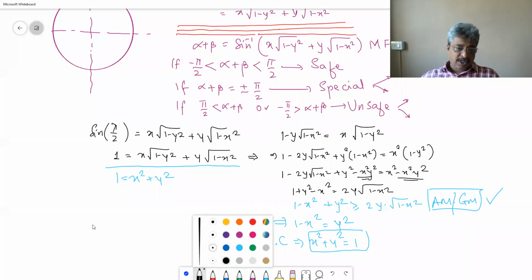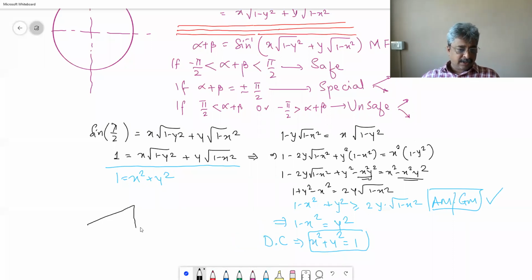I have one angle like this, which is alpha. This is x. This is 1. Sin alpha is x, and therefore this is radical 1 minus x square.